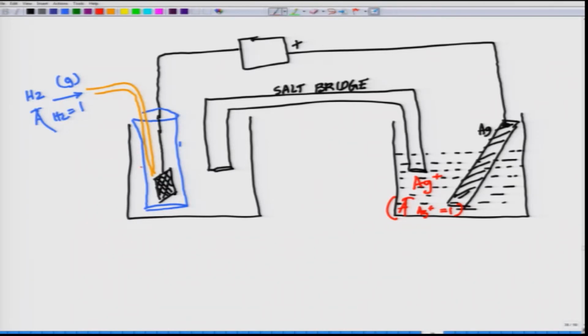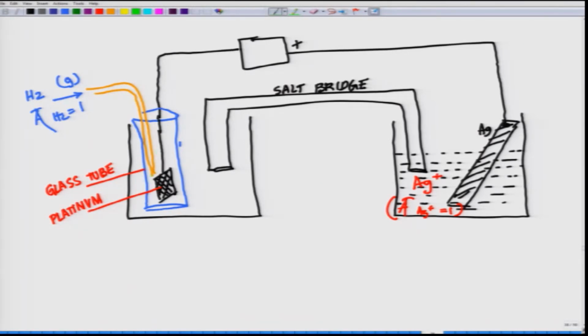Essentially, you have a glass tube, you have platinum, and you have bubbling of hydrogen happening out here.